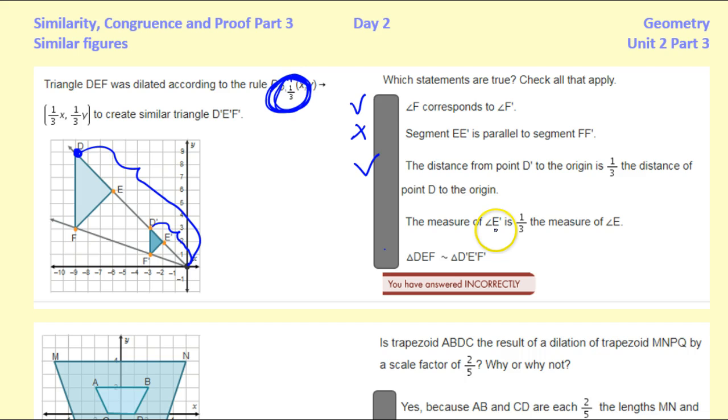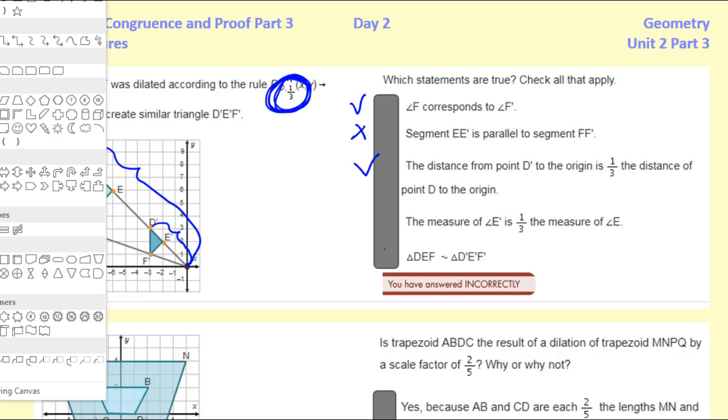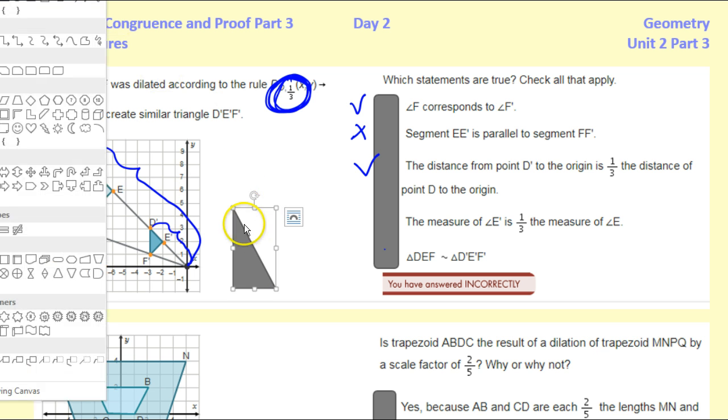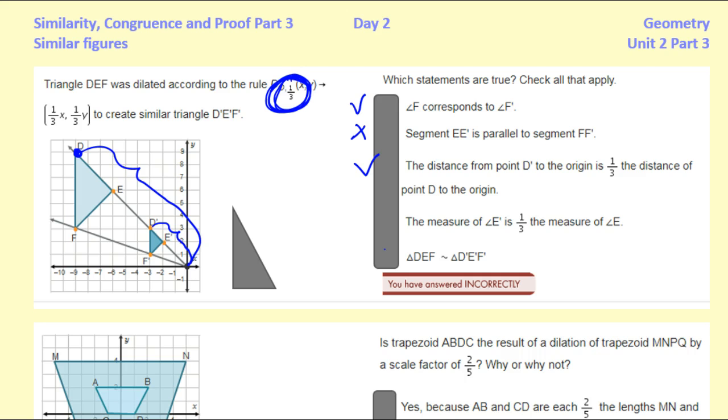The measure of angle E prime is 1/3 the measure of angle E. Okay, so when you take these images and you shrink them or grow them, when you do a dilation, the angles don't change. For example, look at this triangle. Imagine that this is a 30, 60, 90 triangle. So imagine that this angle right here is 30 degrees, this angle is 60 degrees, and this angle right here is 90 degrees.